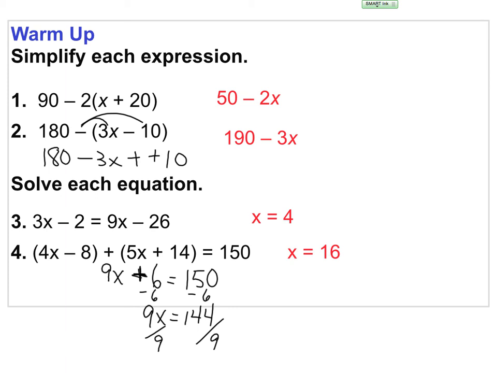Okay, those 4 problems. And I guess while you're at it, you might check number 40. 40 had to be 70 degrees.